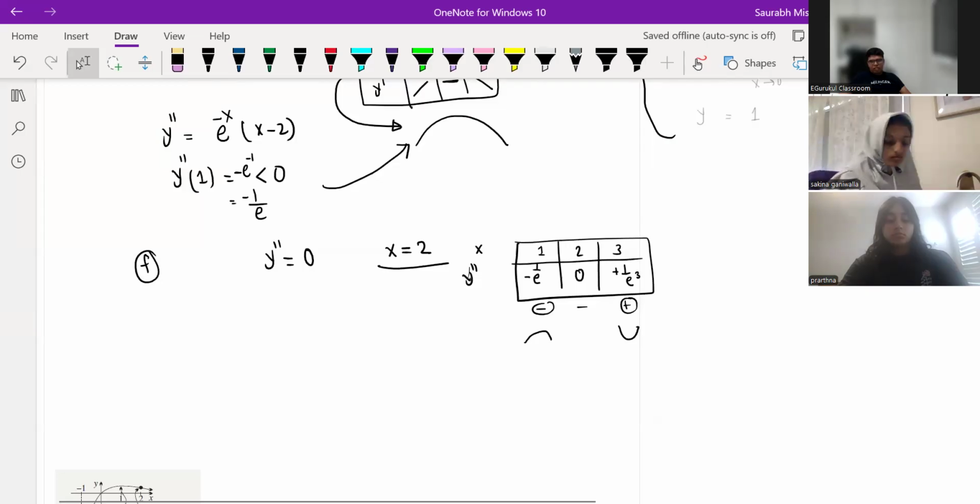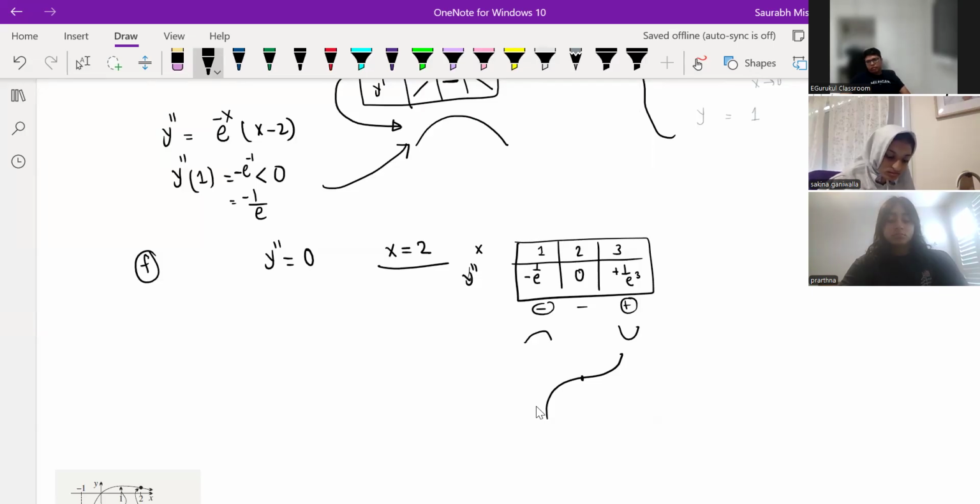So it will be something like this. First negative. At x is equal to 2, the graph will be like this. First it will be concave down, then it will be concave up. Let's look at the graph. You don't need to draw that graph, but let's see if I can bring that graph.